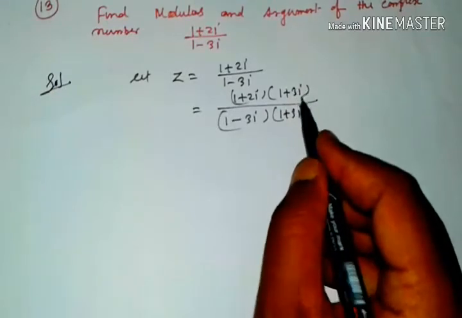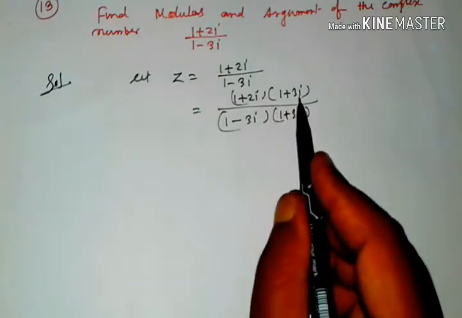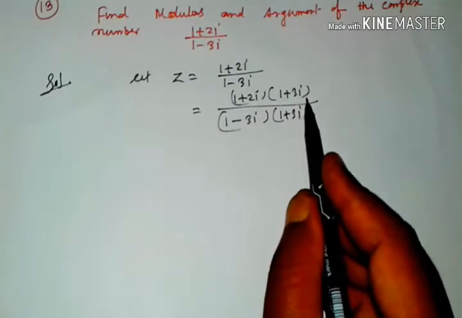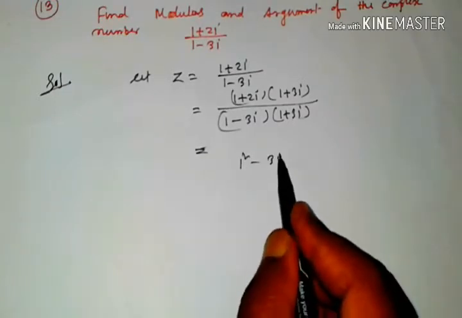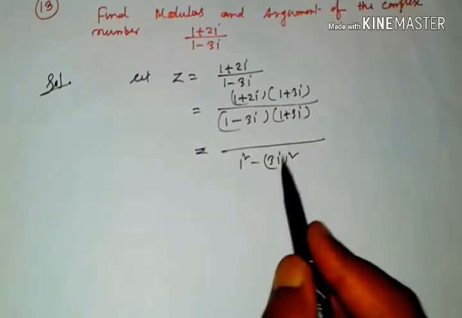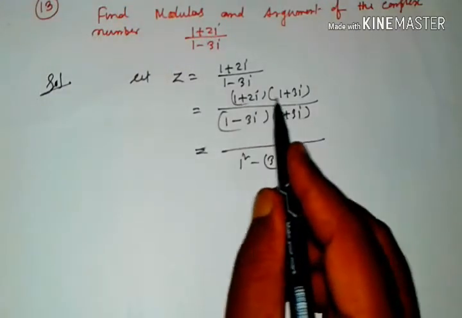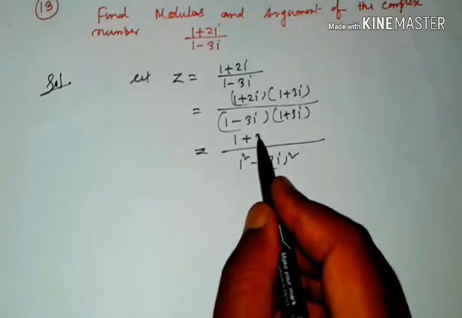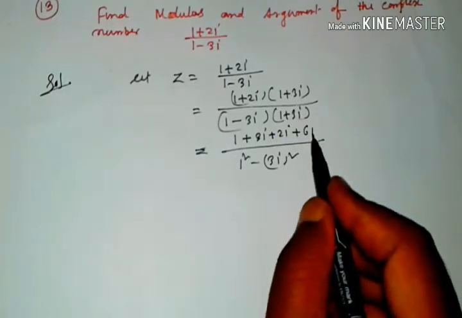And this is also to be multiplied in the numerator, 1 plus 3i. So 1 minus 3i is multiplied with 1 plus 3i, and that 1 plus 3i is multiplied with 1 plus 2i. Now in the denominator, 1 square minus (3i) whole square, it is the a square minus b square formula, a minus b into a plus b. Now we have to multiply this numerator: 1 into 3i, 2i, that is 6i square.